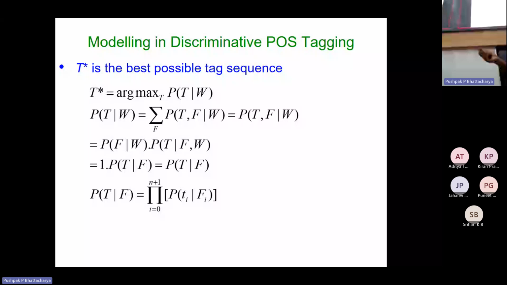Now, what is the motivation? Why should we do discriminative part of speech tagging? There are a number of reasons. NLP is of course dominated by English, because a huge amount of resources have been built for English, and English somehow has the advantage of a systematic progress in the field.